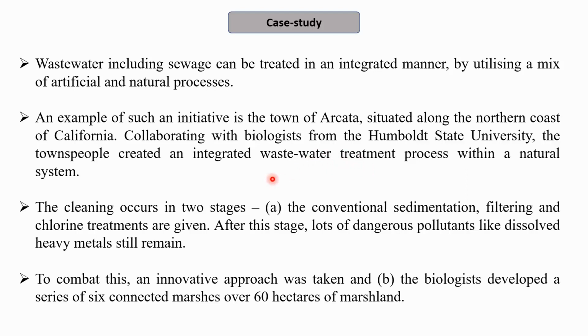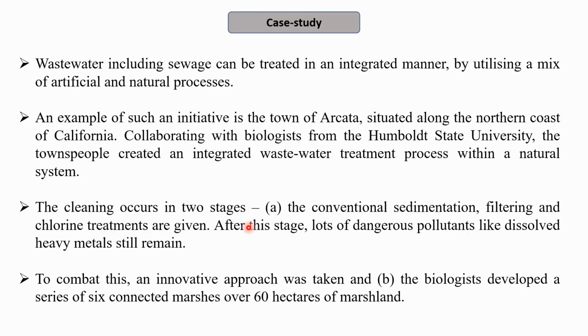So this integrated wastewater management process, or the cleaning of water, occurs in two stages. The first is the conventional sedimentation, filtering and chlorine treatments. So the heavy particles are settled down, they are filtered and the chlorine treatment is given.